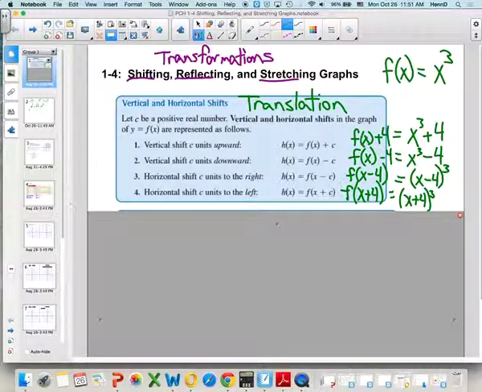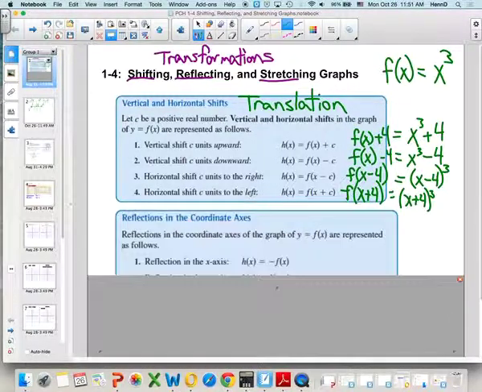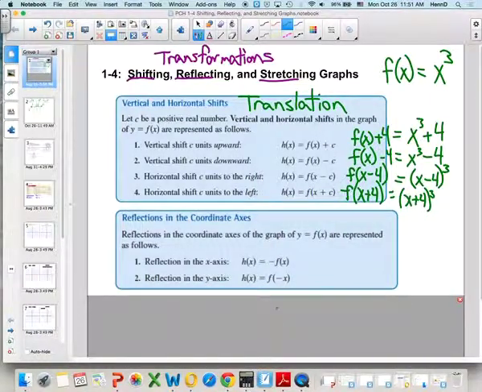So, those are our translations. Moving things around. We have these other two will actually change what the graph looks like. The reflections, okay, if you think about a reflection across the x-axis, all right, here's my x-axis.